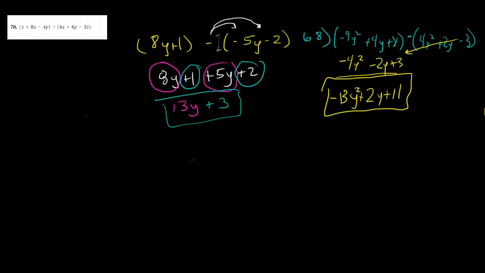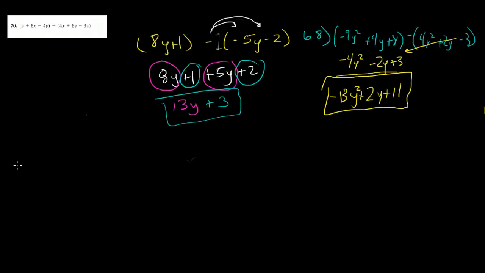Let's try number 70 just for fun. That's the quantity z plus 8x minus 4y minus the quantity 4x plus 6y minus 3z.